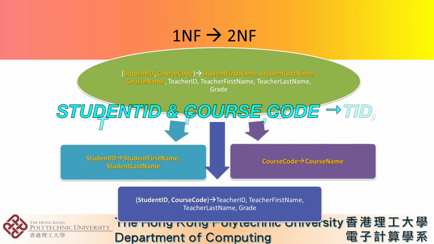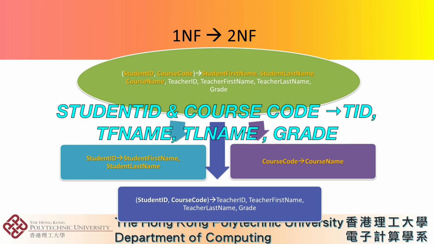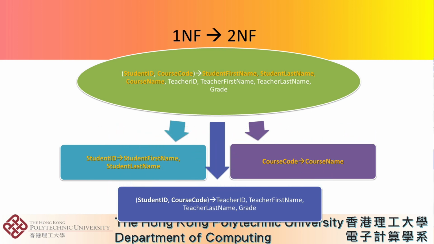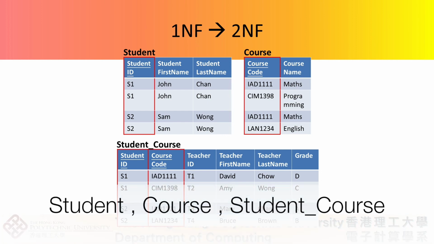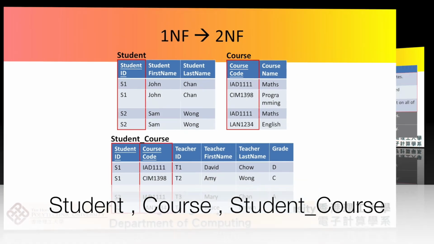Student ID and course code fully functionally determine teacher ID, teacher first name, teacher last name, and grade. Finally, the original table students is split into 3 different tables. They are student, course, and student course.